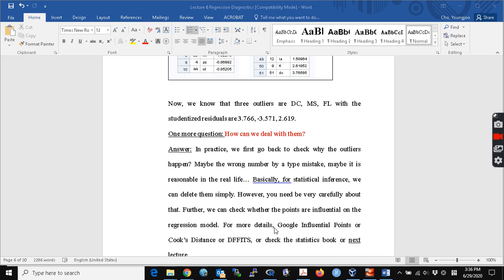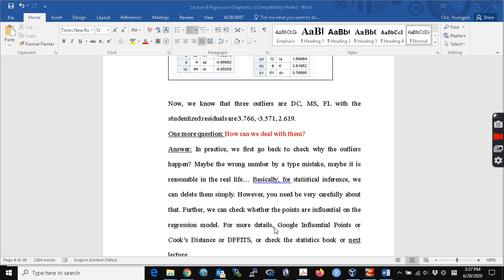After confirming that we have outliers, how can we deal with them? In practice, you may go back to the data and check why this outlier happened. Maybe it was a mistake, or maybe it is reasonable.